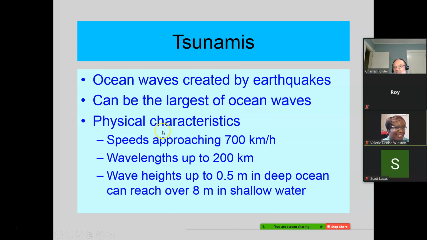Here are some of their physical characteristics, and this, to me, is absolutely unbelievable. The speed of a tsunami, that's the speed at which that wave is coming in to shore or just moving over the open ocean, can get as high as, or at least approaching, 700 kilometers per hour, which, by the way, is about 420 miles per hour.